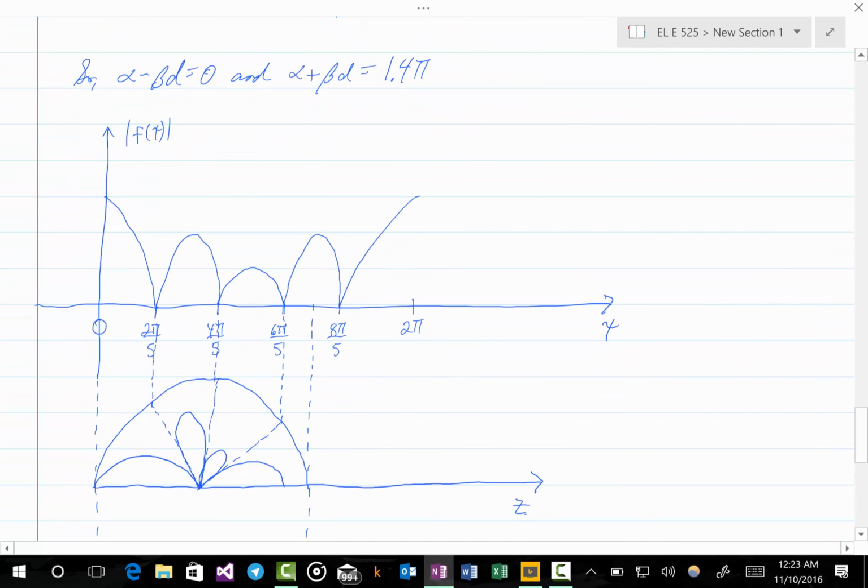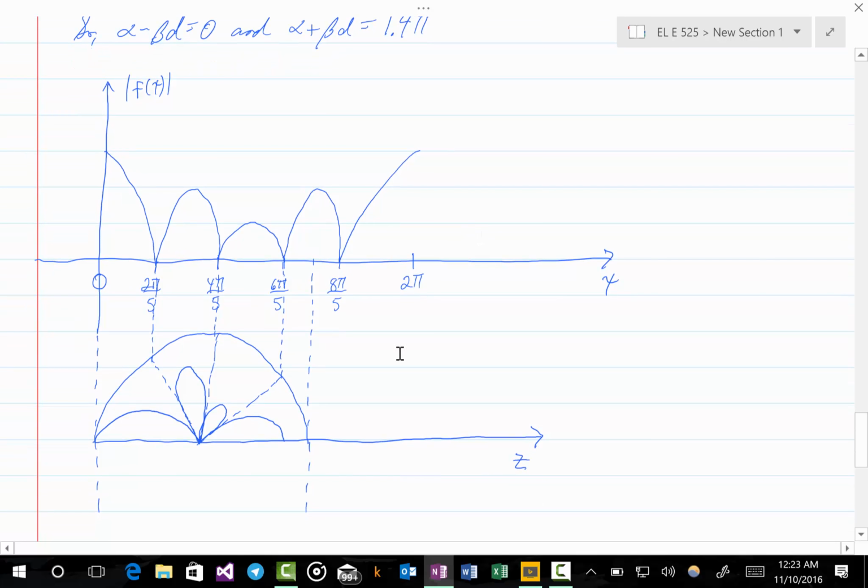So using the same plot for the magnitude of f of psi that we had in the previous problem, we see that the only difference here is that instead of plotting our polar plot from 0 to 2 pi, we're only going to occupy the region from 0 to 7 pi over 5, or 1.4 pi.